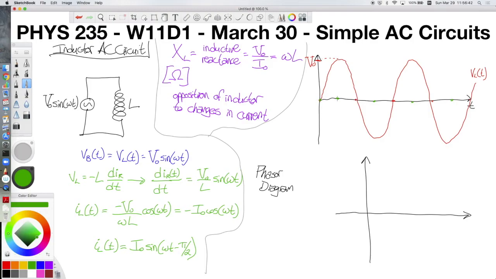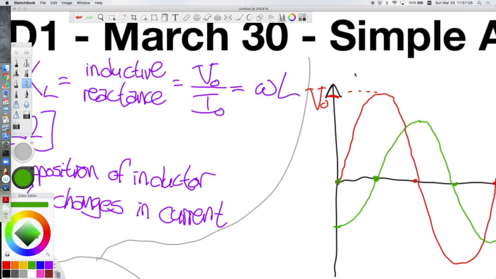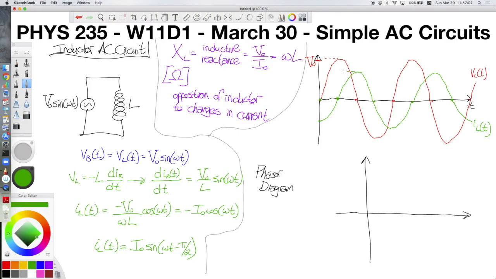So this 0 here becomes this 0 here, and we start off at a minimum. Starting off down here, passing through 0, hitting a maximum there, passing through 0, and so on. And this is the current through the inductor as a function of time, with its maximum value of I naught.